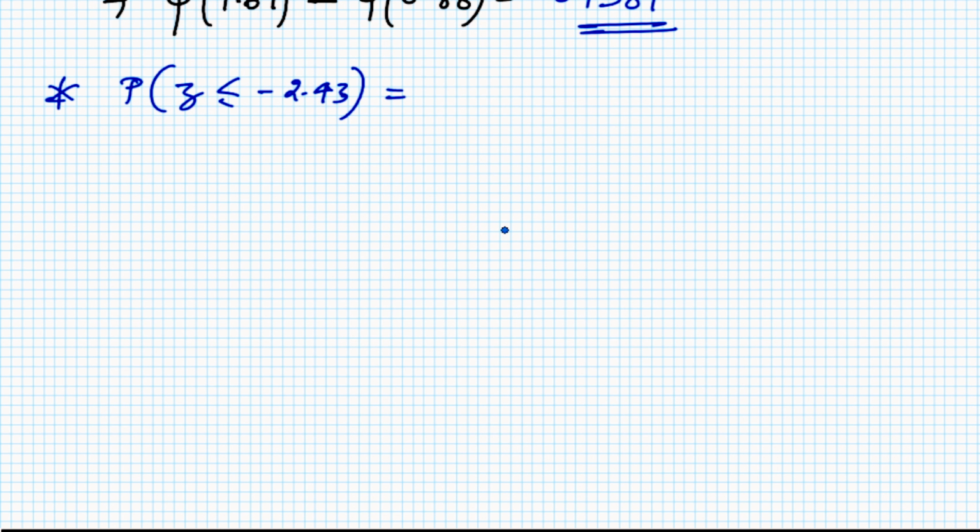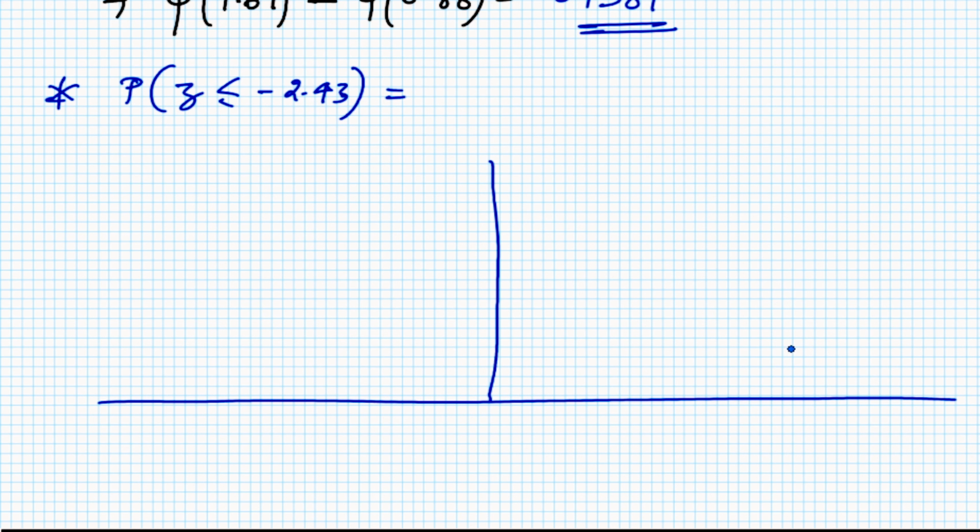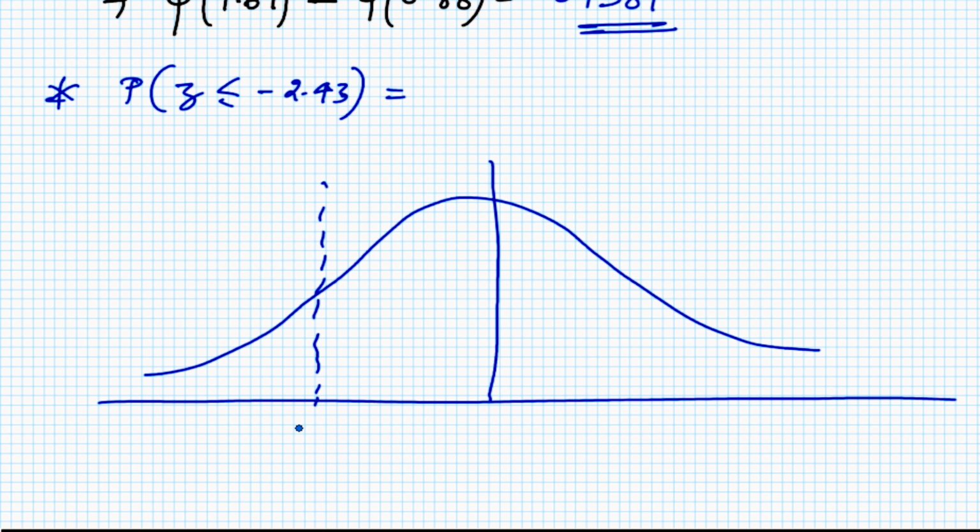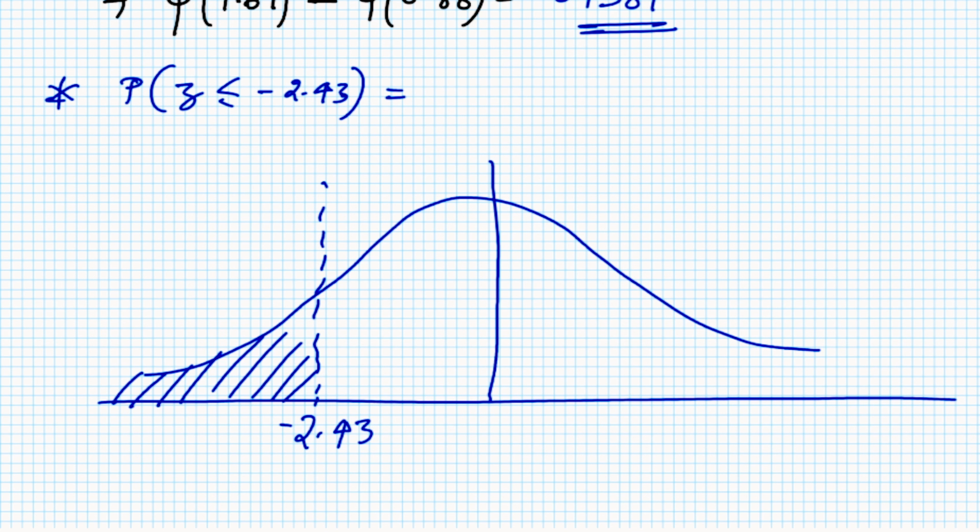So the question asked here is, take this curve and what is the chance if I say this is minus 2.43, the z is lesser than that, it means it is the left side. So we are talking about this particular area that is till minus infinity. So from minus infinity till minus 2.43, what is the area is the question.